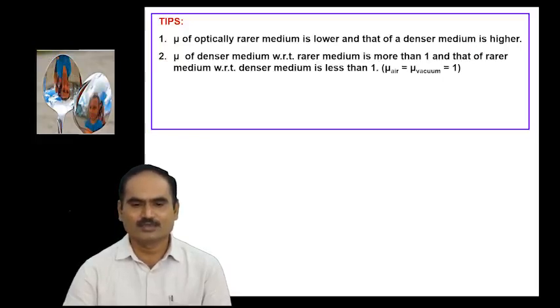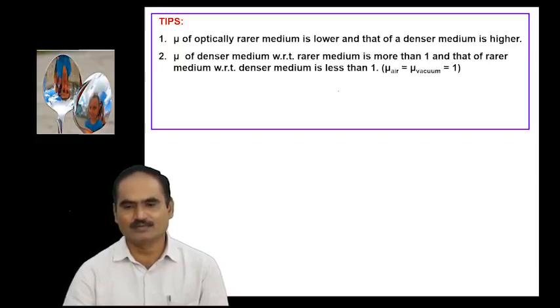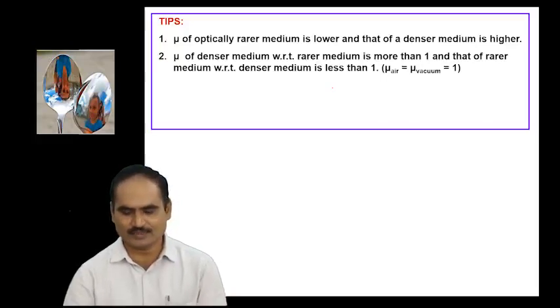Number two, the refractive index of a denser medium with respect to a rarer medium is more than that of the rarer medium to the denser medium. Right? It means that the refractive index of air with respect to water is different, and the refractive index of water with respect to air is different. So that's what you will take here.